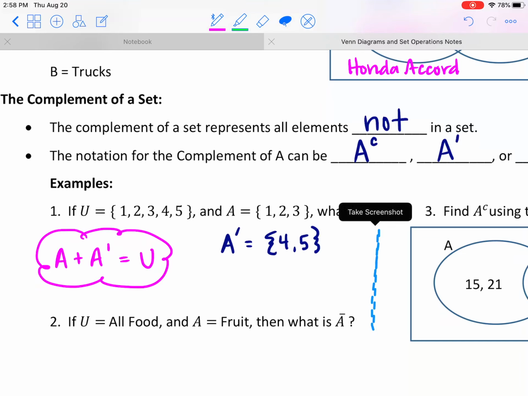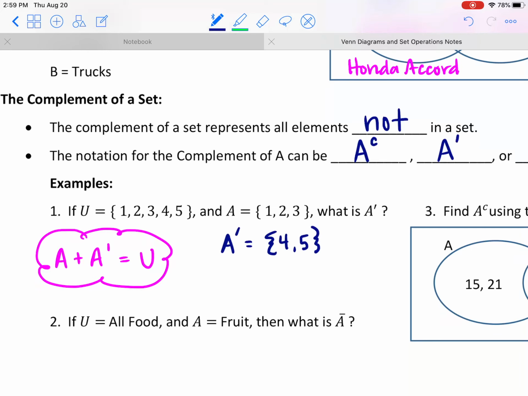And alright, how about the next one? A little less concrete. So let's say the universal set is all of the food in the world, and then a subset of that is fruit. What would be the complement of A? So if you put all the food in the world in a box, and one circle represents the fruits, what would be outside of the circle but still in the box?